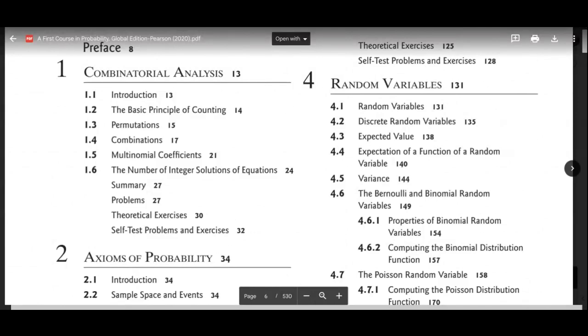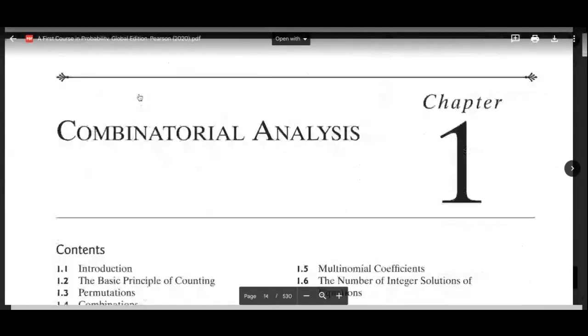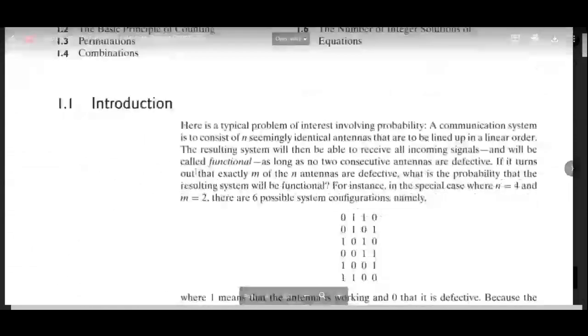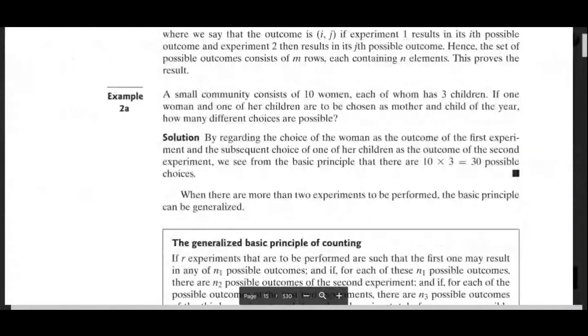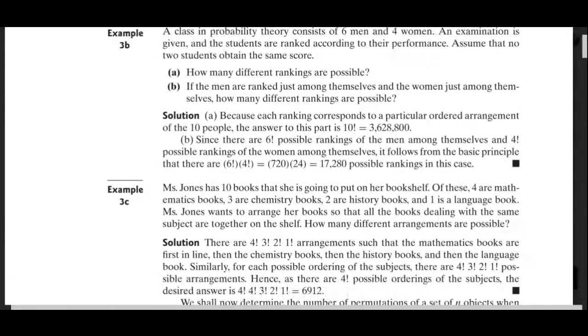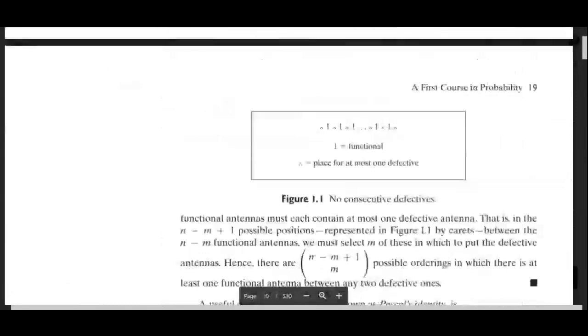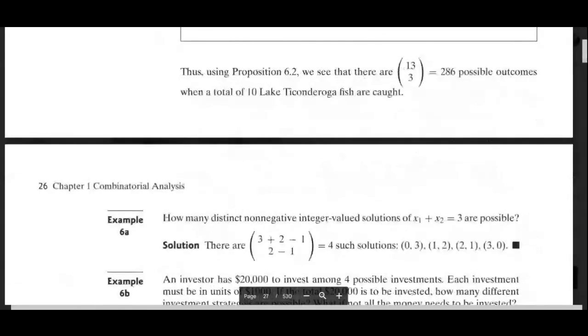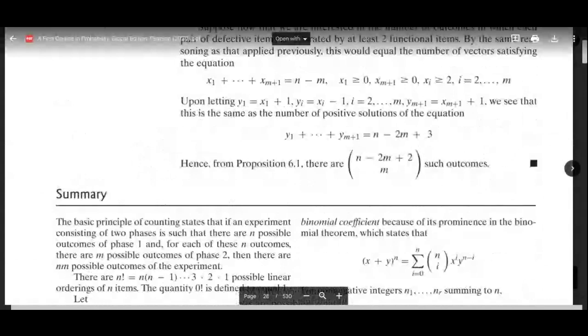Okay, any other questions? So, Professor, from chapter 1, we have to do the problems from the theoretical exercises? I mean, from where do we have to choose the problems, from the examples or from the exercises? From the exercises.